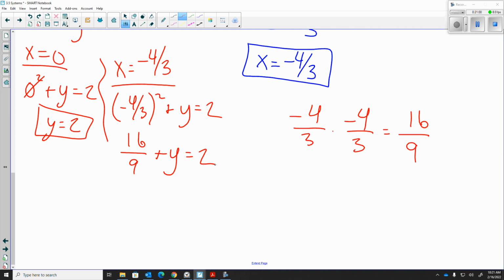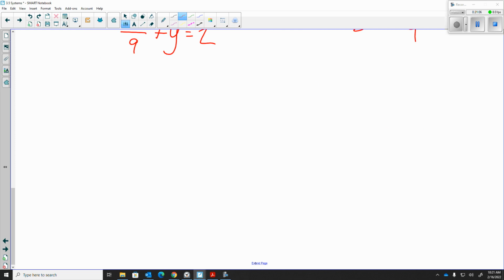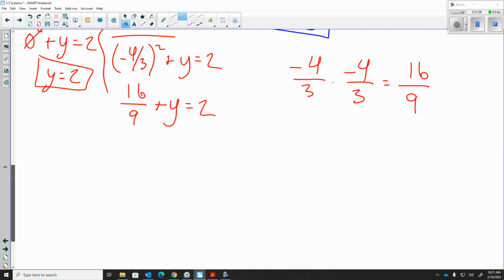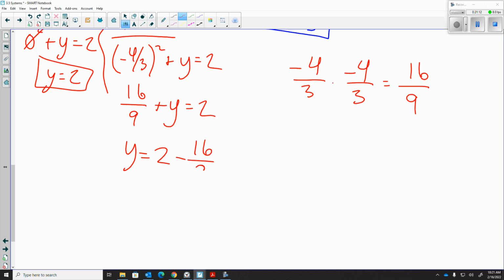Okay. I got to subtract 16/9 now. Kind of annoying. So y equals 2 minus 16/9. You guys remember how to subtract fractions? Maybe. Let's do it over here.